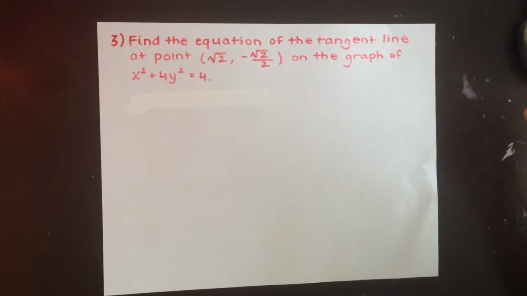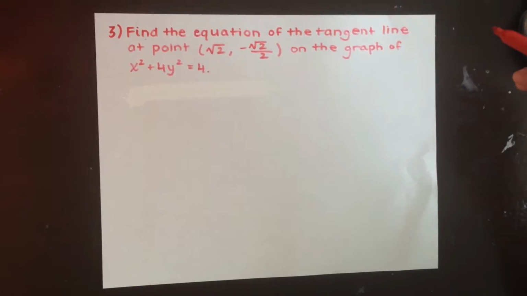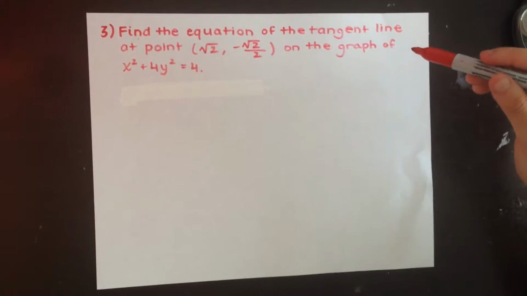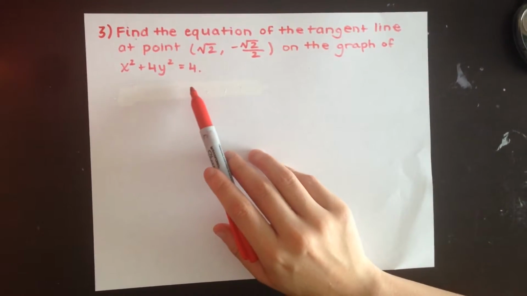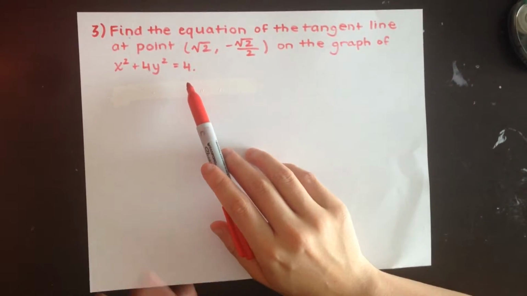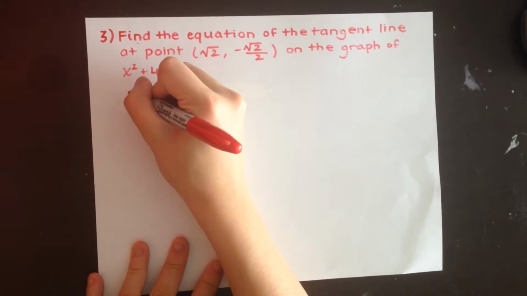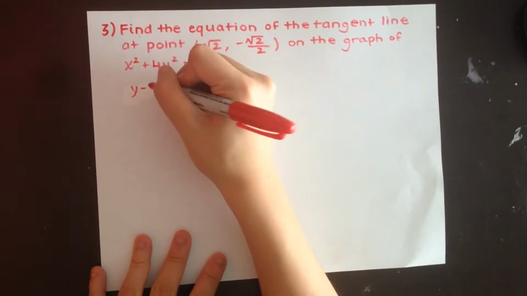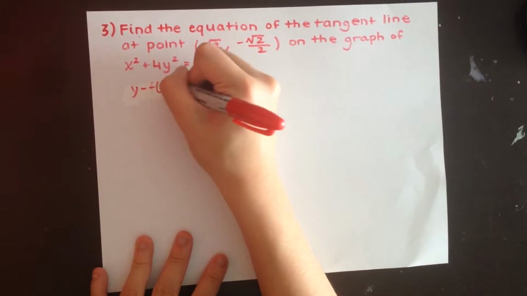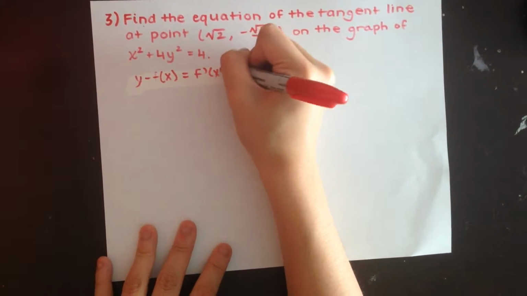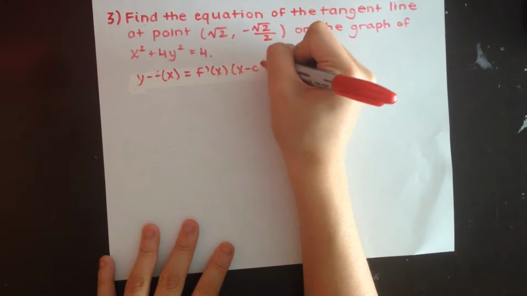So for our third example, we're going to find the equation of the tangent line at point root 2 comma negative root 2 over 2 on the graph of x squared plus 4y squared equals 4. So first you'd have to know the equation for tangent line approximation, which is y minus f of c is equal to the derivative of f of c times x minus c.